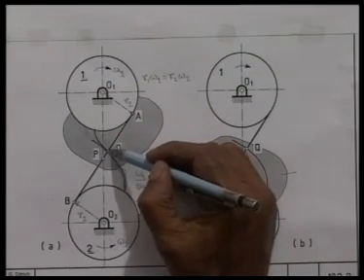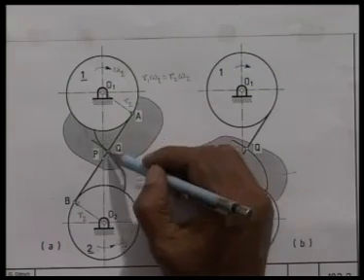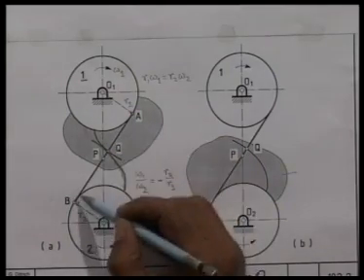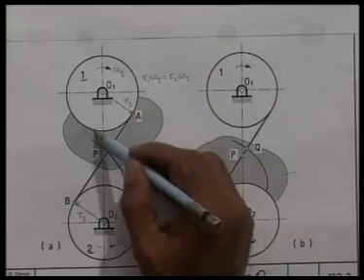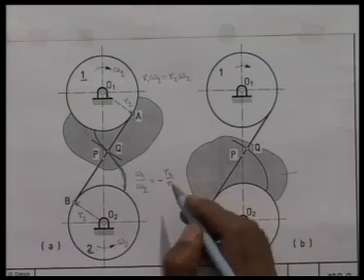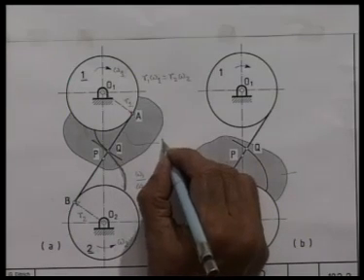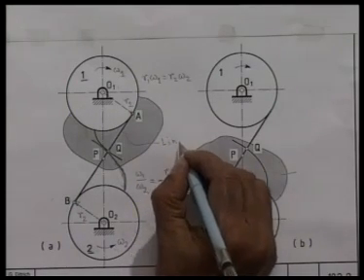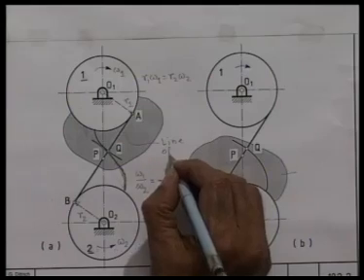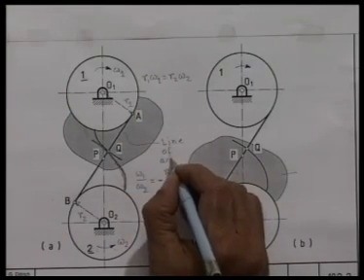At every instant the string is perpendicular to the involute. So, this line AB, which is the common normal between these two involute profiles, defines what we call the line of action.